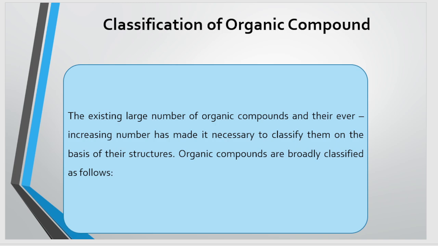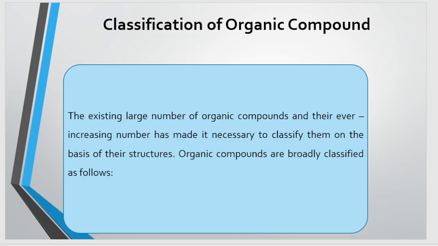Organic compounds are broadly classified as follows. As trillions of organic compounds are present in living organisms of carbon, it's very important to classify them, because we can't study each and every compound individually. Definitely there is a need to classify organic compounds, at least based on their structures.